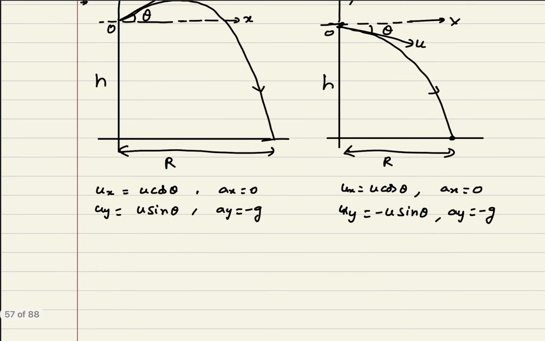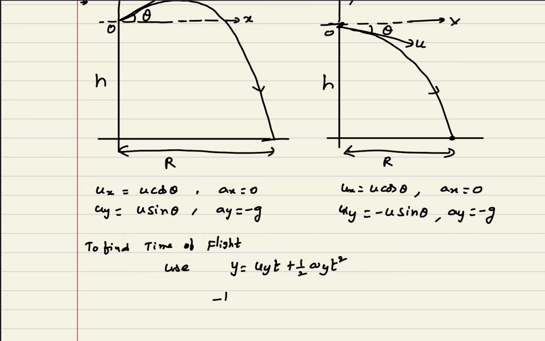As per the situation, we can calculate the time of flight and all the terms as per the given relation. To find the time of flight, use y is equal to uy t plus half into ay into t squared. Here y is equal to minus h, write the uy value, and minus half into g into t squared.